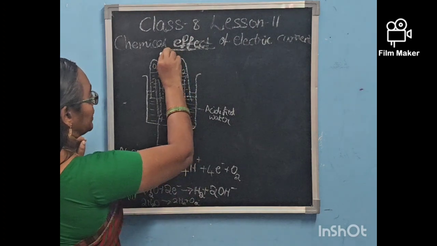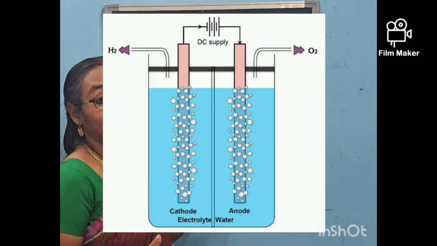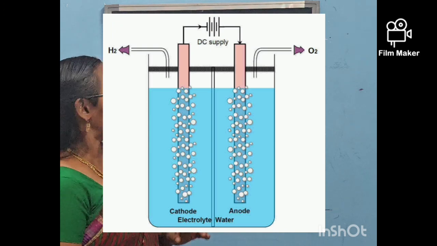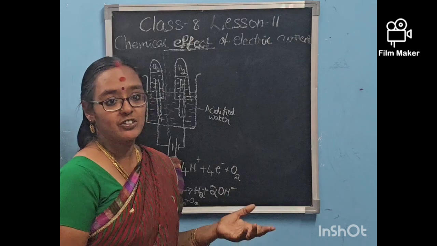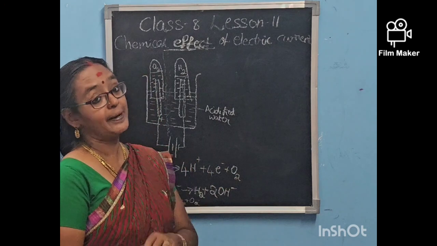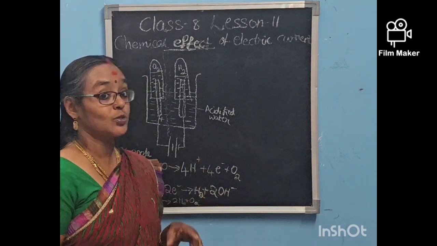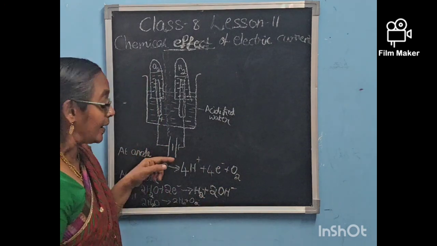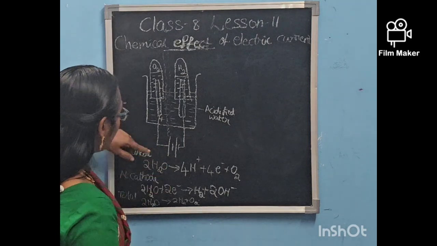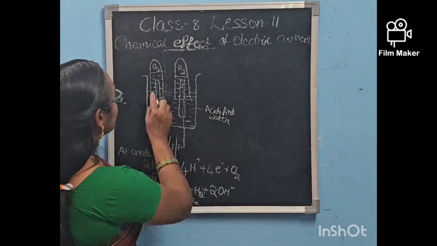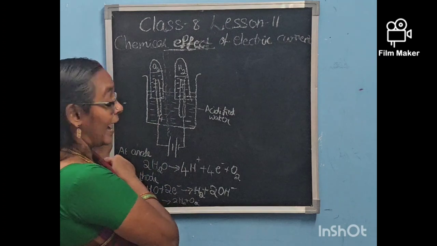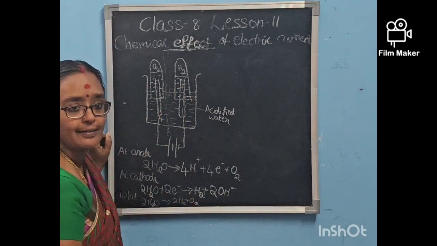Actually, this should be separated by a membrane because the oxygen gas is highly explosive. So, if we are doing it in the laboratory, much more precaution will be taken while we are doing this electrolysis of water. What happens is, when electricity is passed, in the anode, the oxygen will be collected, and in the cathode, the hydrogen will be collected.